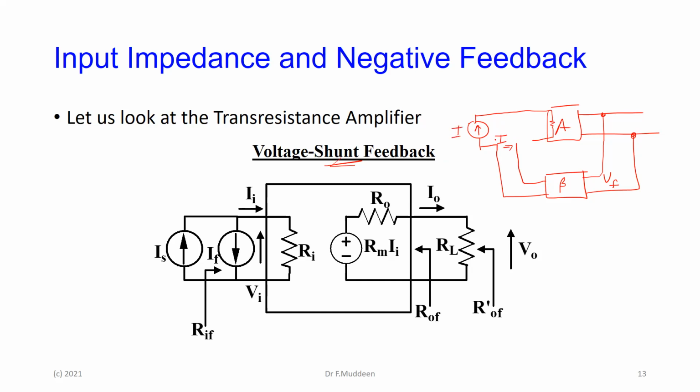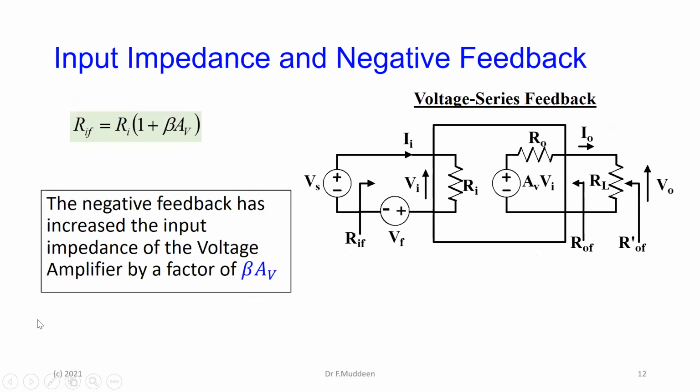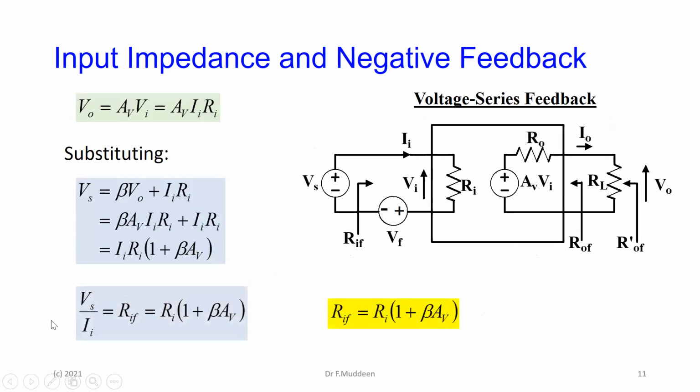This is I, this is IF, opposing the current that the source is sending. The model for this, of course, is to put the current source in parallel with the signal source. So you have to remember all of these configurations, how you do the current configuration, and then we have the derivations going on.